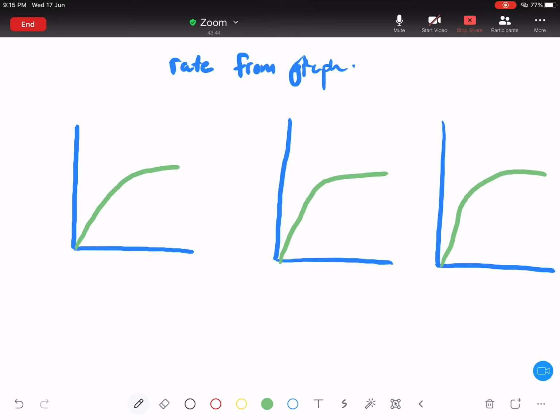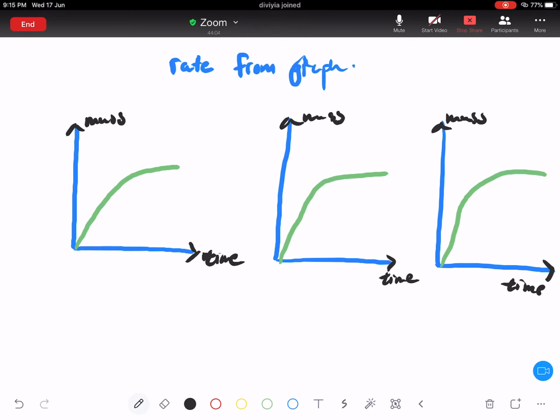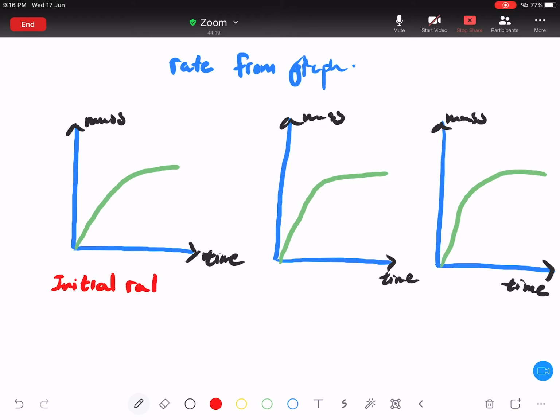Okay. Let's say this is your mass and time, second. Mass and time. Okay. Dia ada satu tau. Dia kena ingat rate. Initial rate.